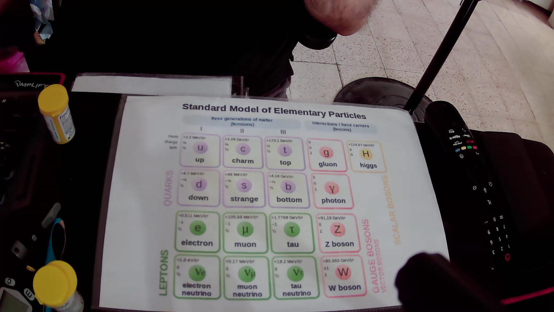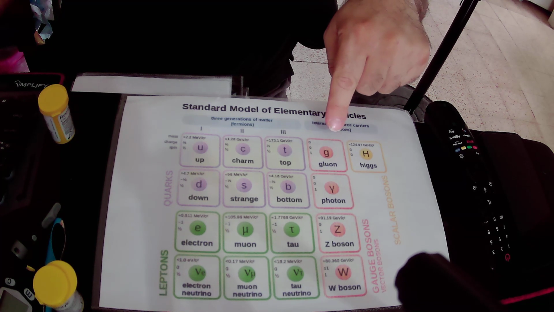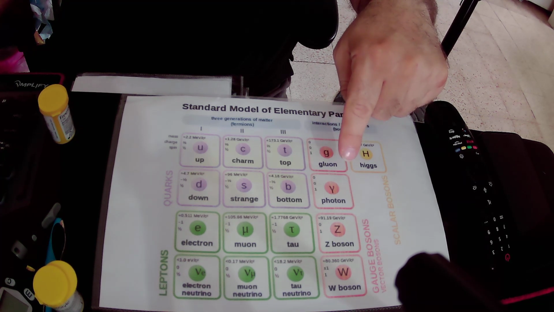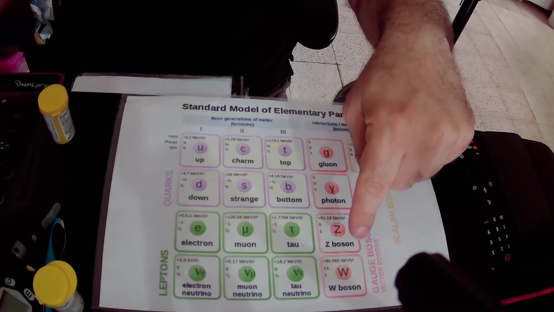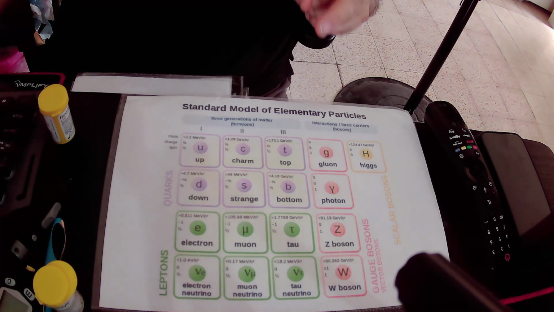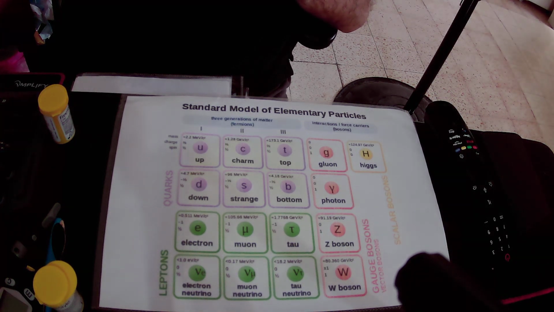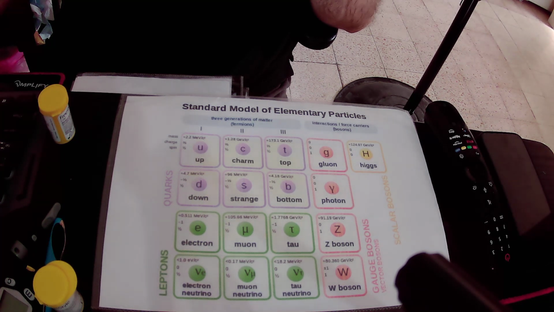So in total we have 12 elementary force particles in this table, because we have 8 types of gluons, one type of photon, one type of boson Z, and two types of boson W. And the 13th elementary force particle is the graviton that carries the gravitational force that is not in the standard model.